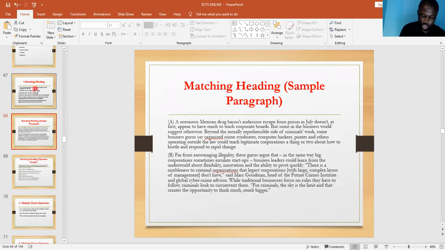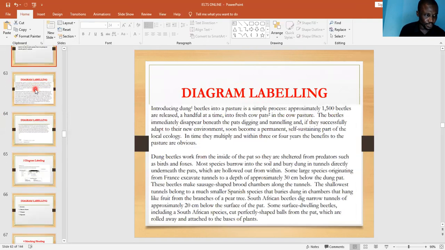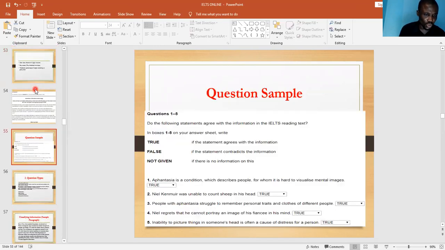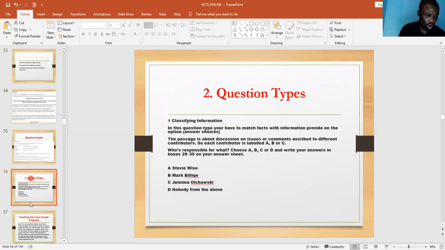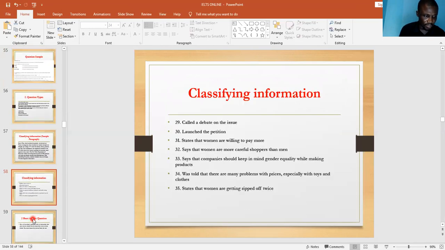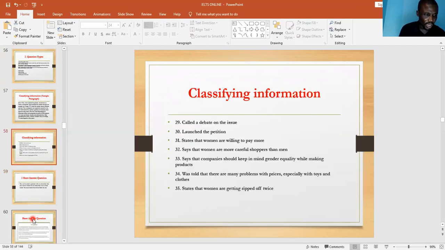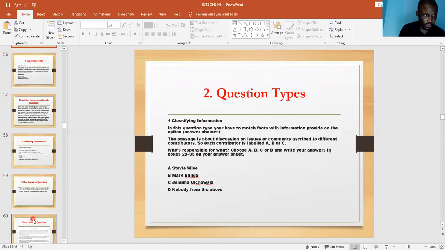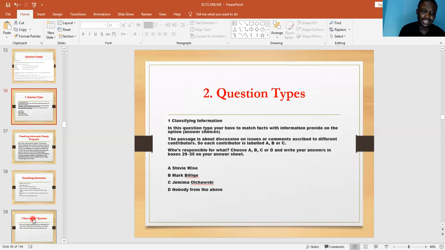Okay, so I want to just quickly go into one question type, so that you can have an idea of what the next lecture will be like. The first question type I'm treating is classifying information.